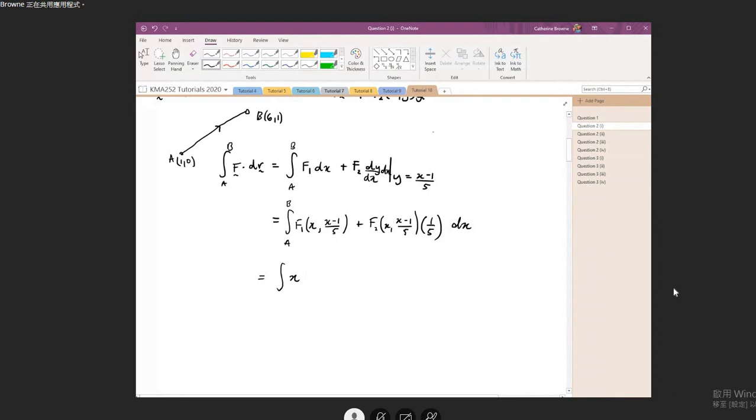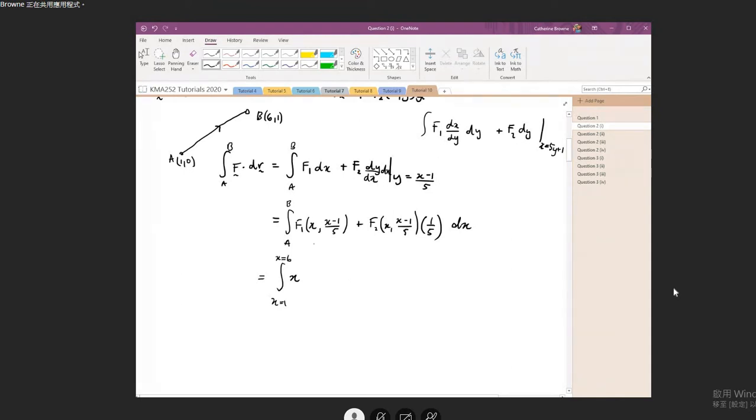You'd have, I guess, f1 dx/dy dy plus f2 dy, from x is equal to 5y plus 1, and then you'd change your limits to y instead of x, because here I'm going to have x is equal to 1, x is equal to 6.